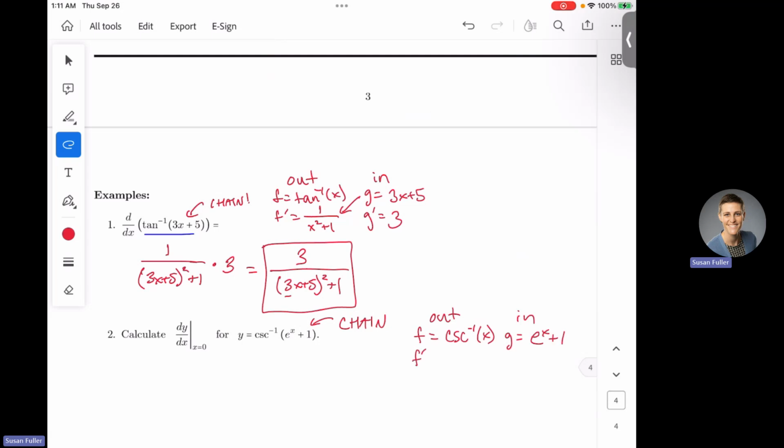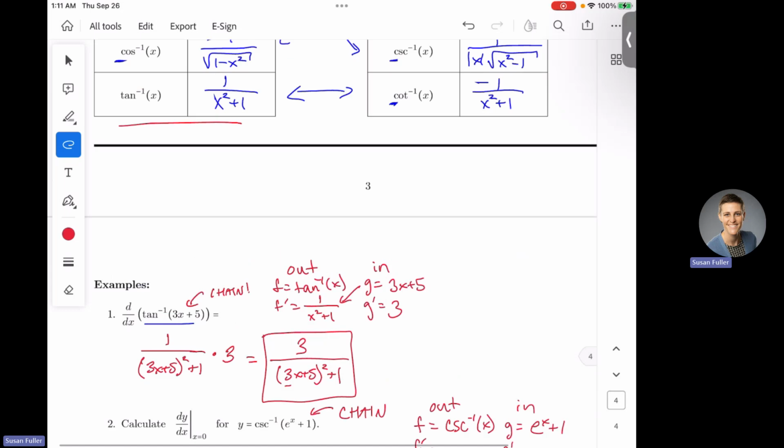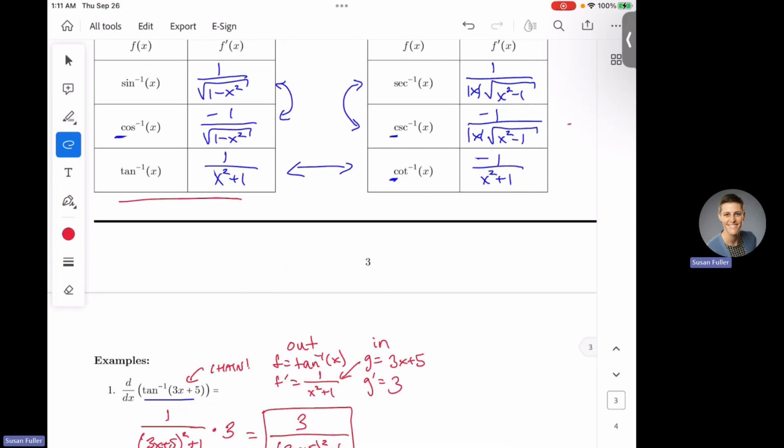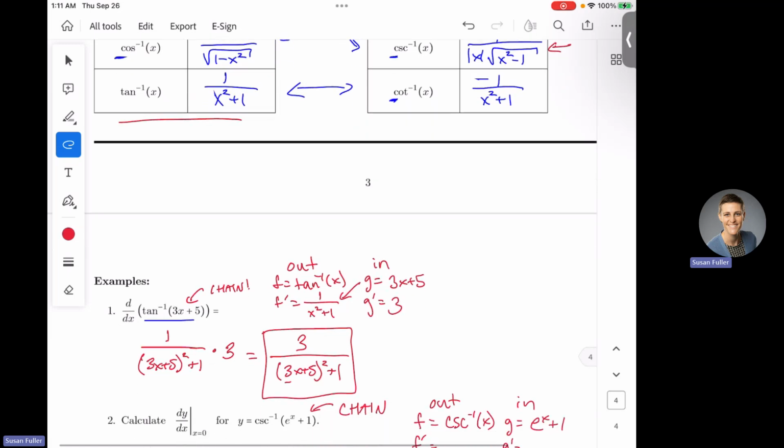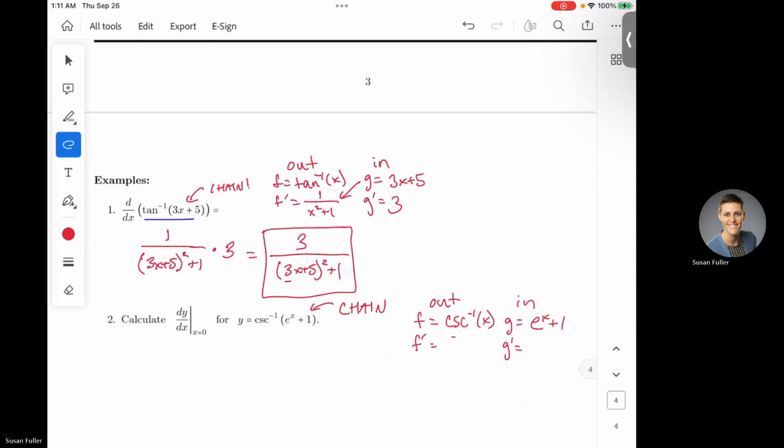And now we'll just do our derivatives of each piece. The derivative of arc cosecant, this is one of the extra nasty ones, which is this guy. It's -1 over the absolute value of x times the square root of x squared minus 1. And the derivative of e to the x plus 1 is just e to the x, because the derivative of 1 is 0. And so now you will finish your chain rule.